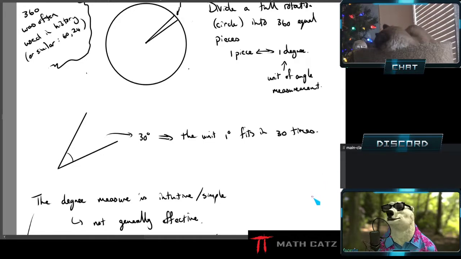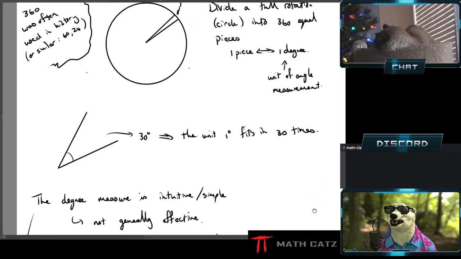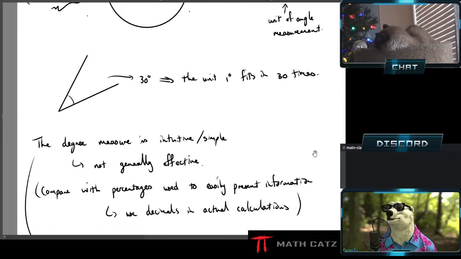I can compare this, not quite the same, but in a way, to percentages, where when I talk about ratios and proportions and things like that, I might talk in percentages. It's an easy way to convey information.